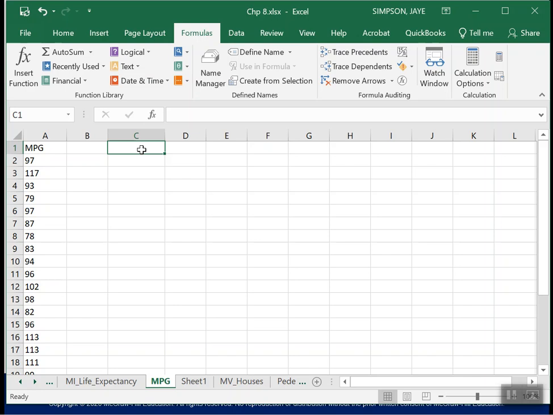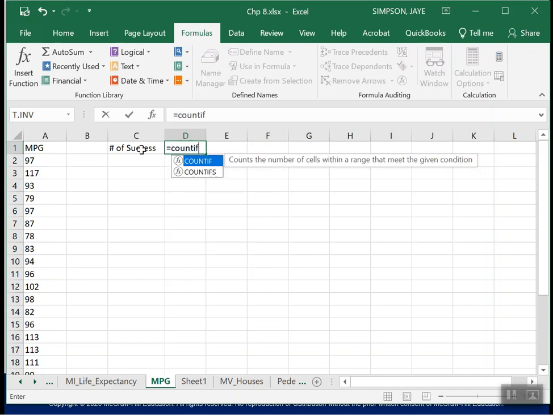Now since there's only 25, we could go through and manually count those, or we could use an Excel formula to count them. So let's use an Excel formula. We're going to define this as number of successes, and we're going to use the formula COUNTIF. This counts the number of cells that meet our criteria.